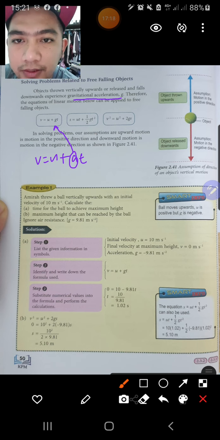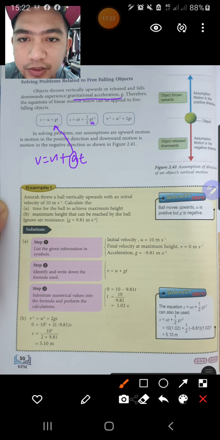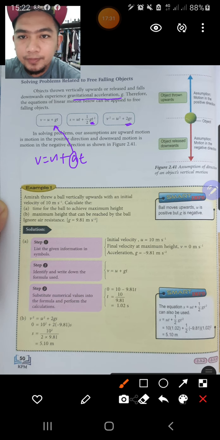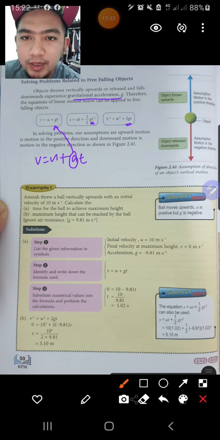Same goes here. Actually here is a, but we change to g also, because we consider the gravitational acceleration situation. So in solving problems, our assumptions are upward motion is motion in the positive direction, this one. Okay, and downwards motion is motion in the negative direction.